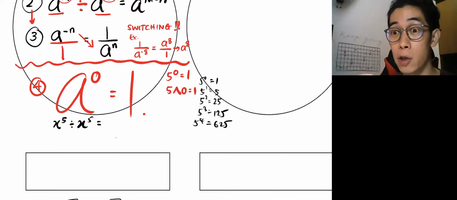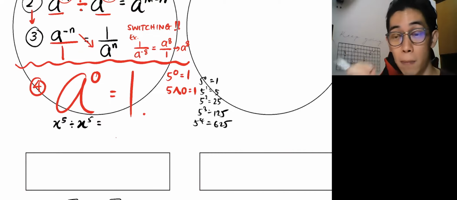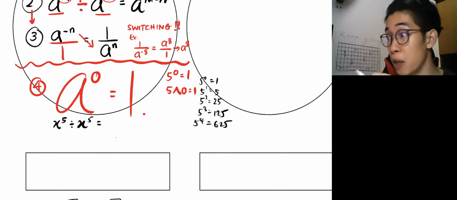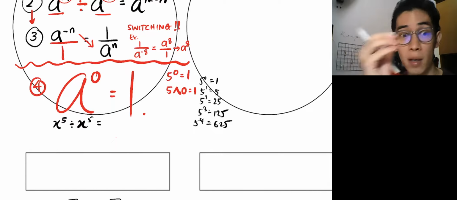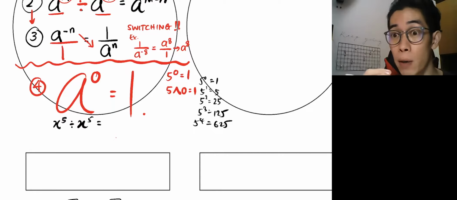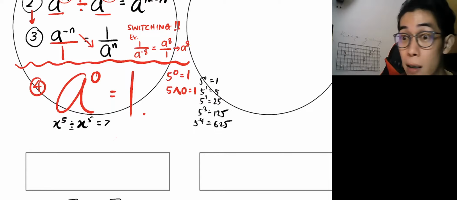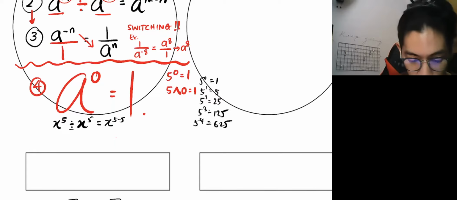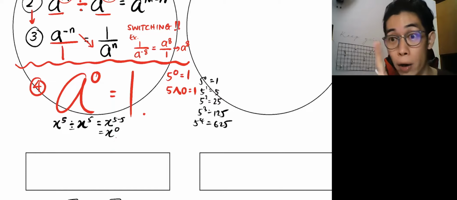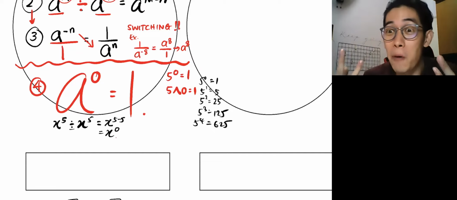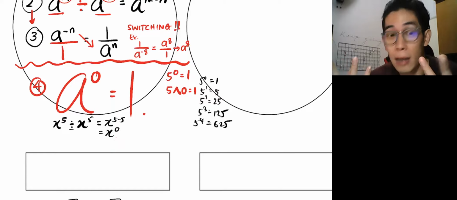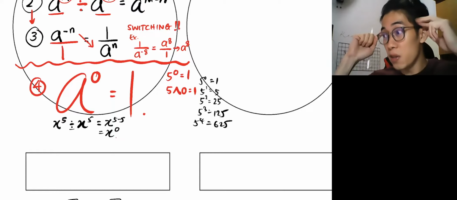My Form 4 maths teacher straight away explained to us why a power 0 is 1, because of this example. Everyone, by using rule number 2, when you divide, you minus the powers. 5 minus 5, you get x power 0, correct or not? I didn't explain why it is 1. Then suddenly, this thing pops out.